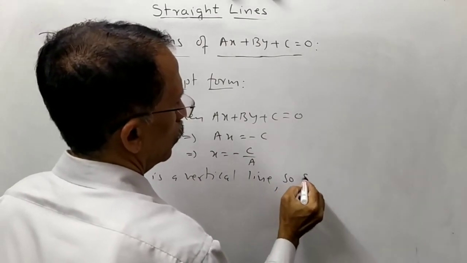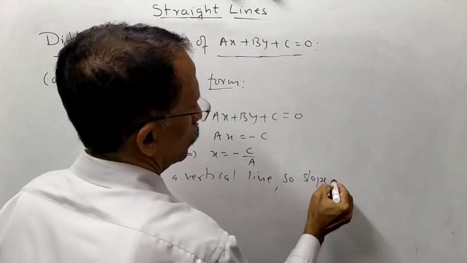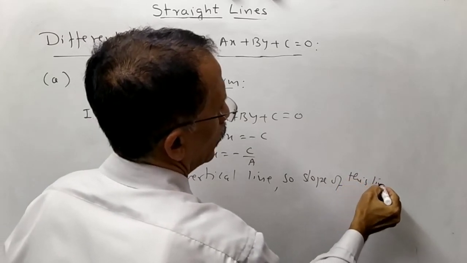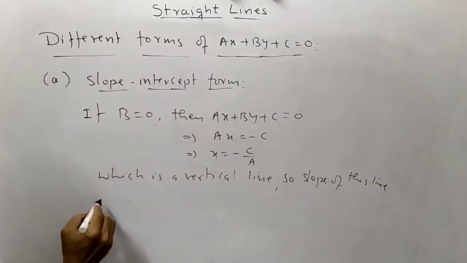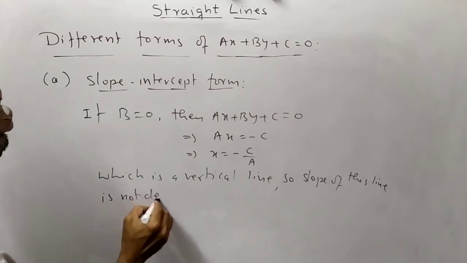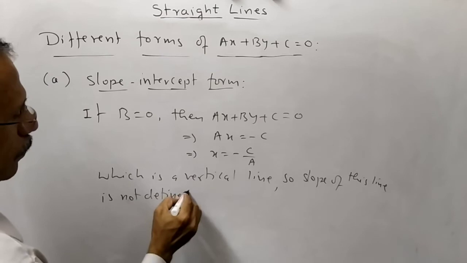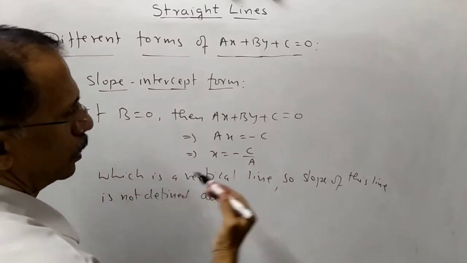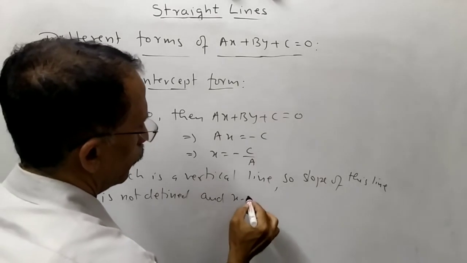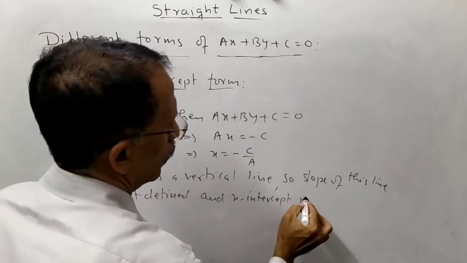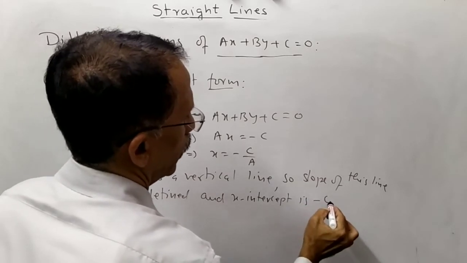So, slope of this line is not defined, and x-intercept is minus c by a.